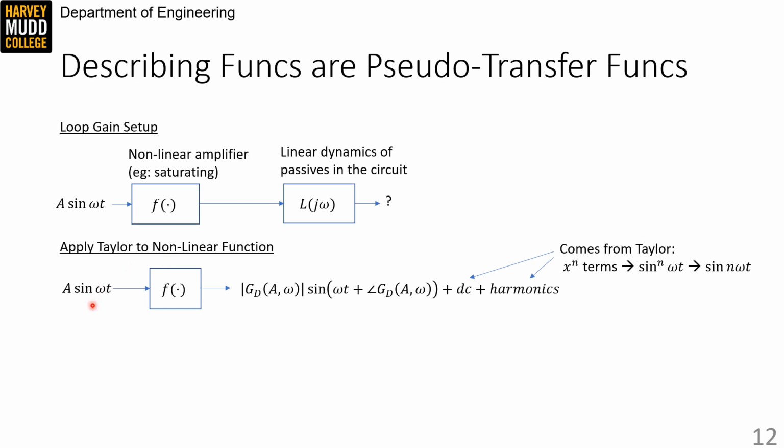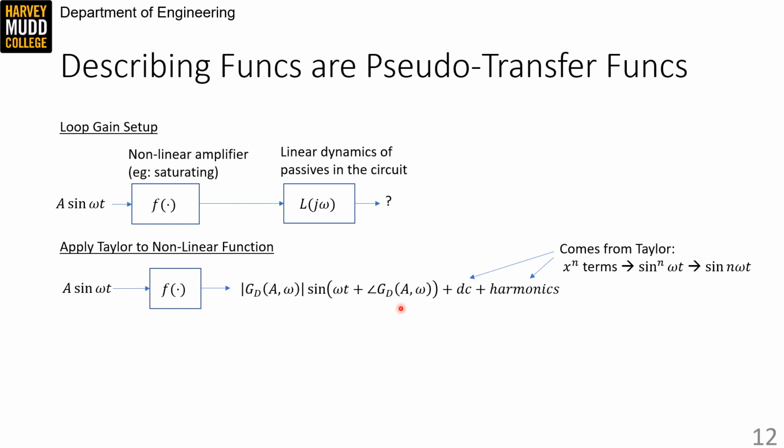So, on a wing and a prayer, we start our analysis by using Taylor expansion. When we put a sine wave into a nonlinearity, we can imagine that nonlinearity is made up of a constant, an x squared term, an x cubed term. And that's going to result in an output sinusoid at the frequency of our input that's been scaled by the magnitude of this GD function, and phase shifted by an angle that's given by the phase of this GD function.